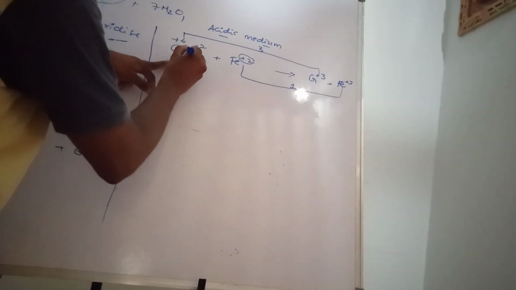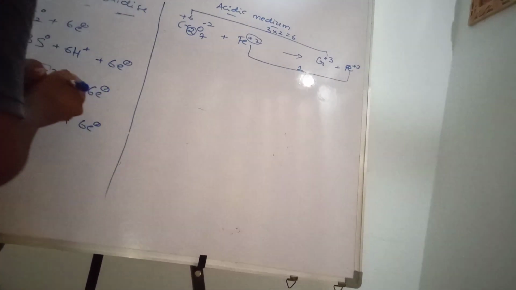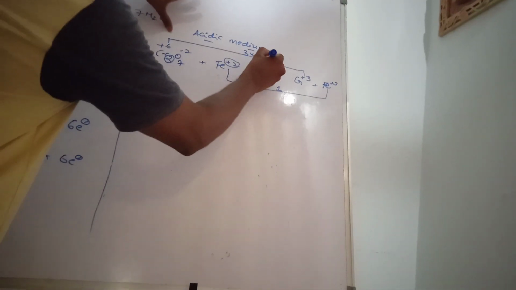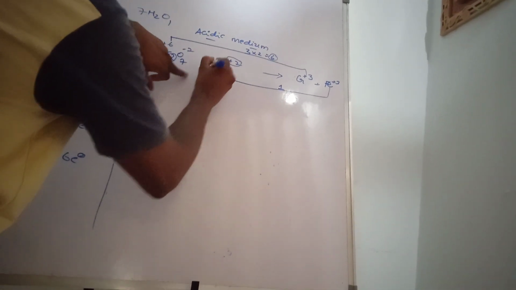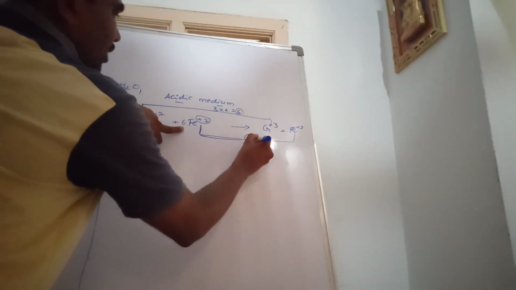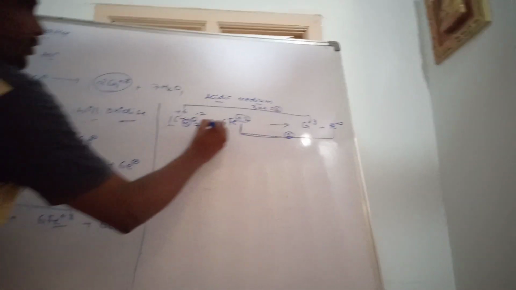Here how many chromium atoms are there? 2, so 6. Already you know students, chromium related 6 is there. This 6 is multiplied with 6 Fe power plus 2. And Fe power plus 2 to Fe power plus 3, how much is there? 1. This one is multiplied with this one. See, now you have to see the coefficients.